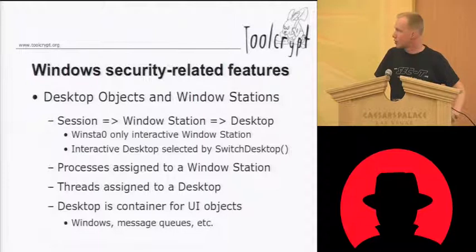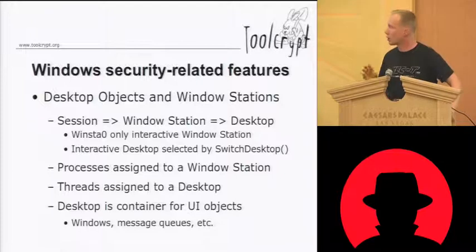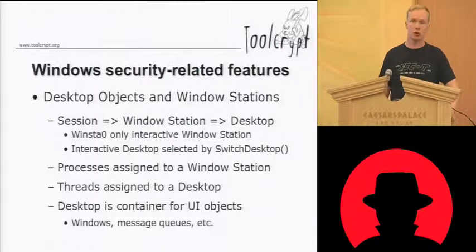And the desktop object is interesting because it's the lowest level securable object that we have in the GUI model, which means that the desktop contains all the GUI objects, all the windows on your desktop, message queues for those windows, and all the other GUI elements. But within this desktop, there is no access control whatsoever.